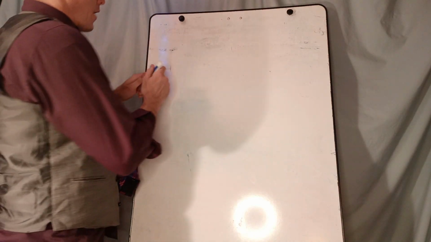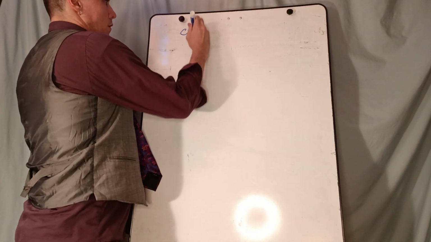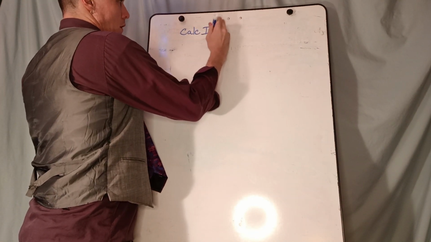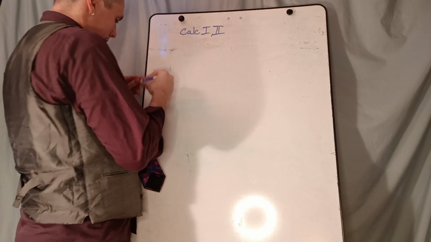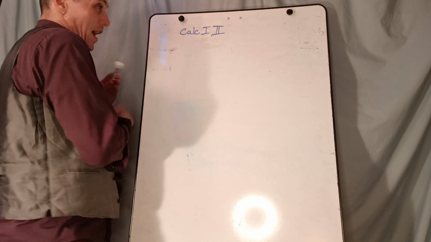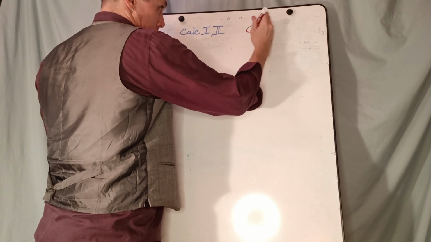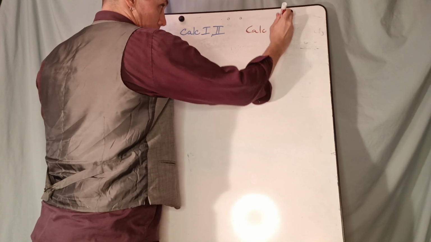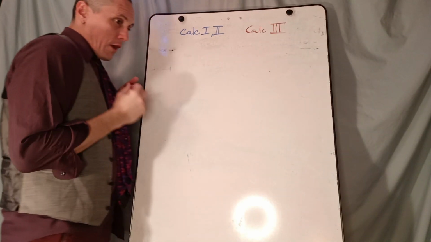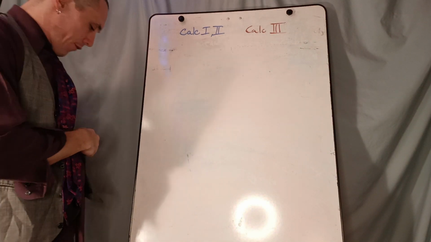So let's list our Calculus 1 and 2 concepts over here, and let's list our Calculus 3 concepts over here, and explore a little bit about how these are going to change.